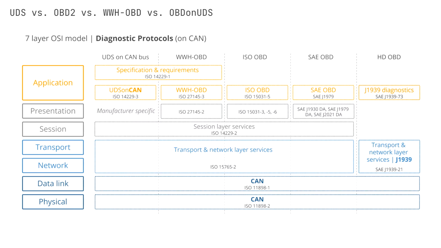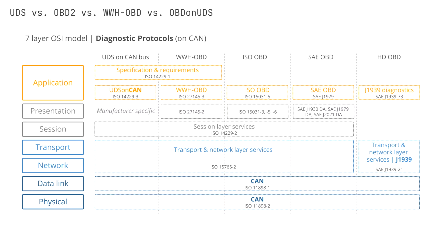HD-OBD, or SAE J1939, typically refers to heavy-duty OBD and is commonly implemented through the J1939 protocol in both US and EU-produced vehicles with J1939-73 specifying diagnostic messages.